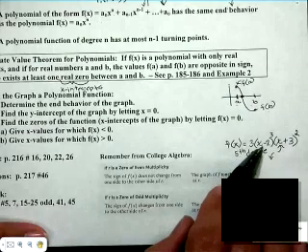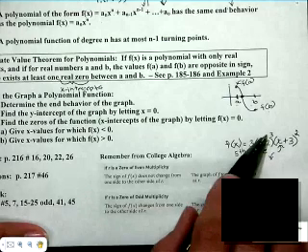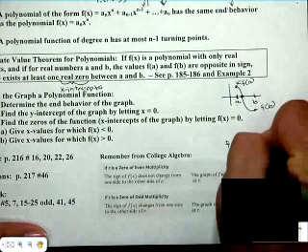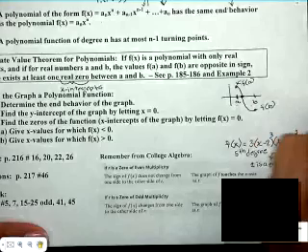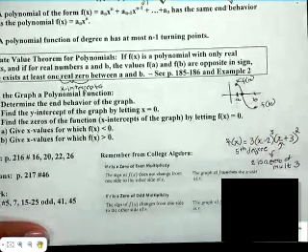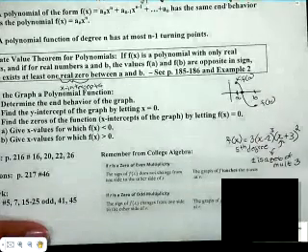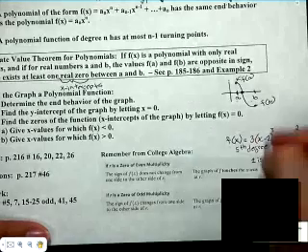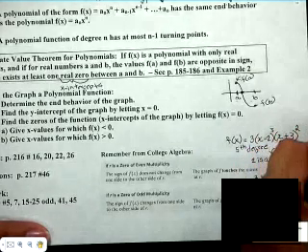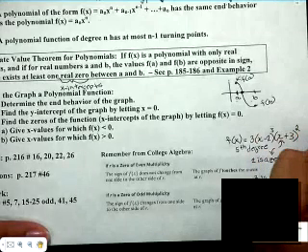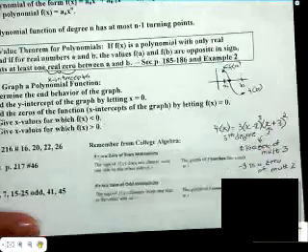Because x minus 2 is to the 3rd power, you would say 2 is a 0 of multiplicity 3, because that's the exponent of the factor that gave you 2 as one of the x-intercepts. And then you could say negative 3 is a 0 of multiplicity 2, because that's the exponent of that factor.